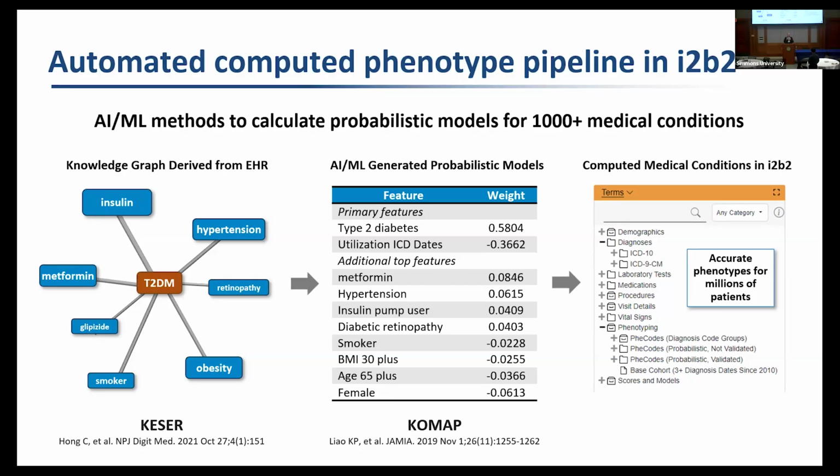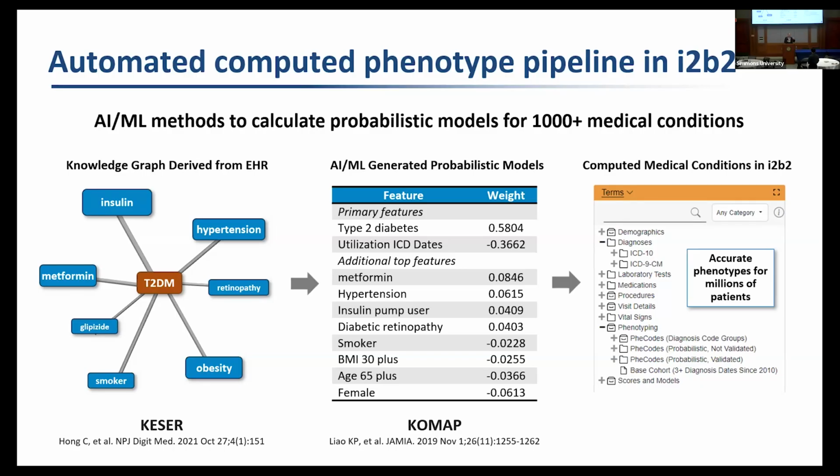But you can use these same algorithms to create a phenotype model for anything else. Sometimes it's hard. You might have to start with some gold standard. We did this in things like long COVID or other conditions where, if you're in a clinical trial looking for patients with some condition that's not coded well with ICD-9 or 10, and you have a list of patients who you know have that condition, you can use this algorithm to find additional patients that are similar to that.